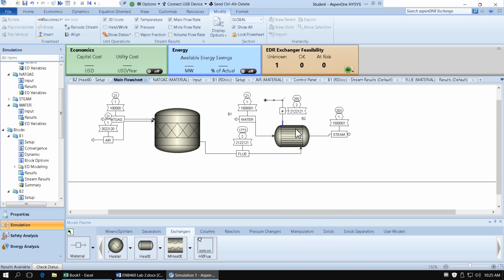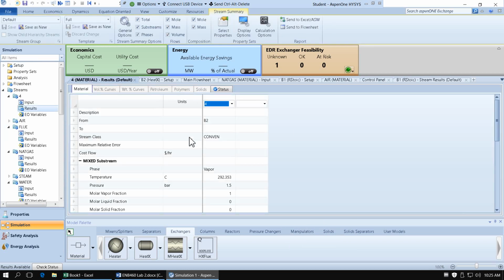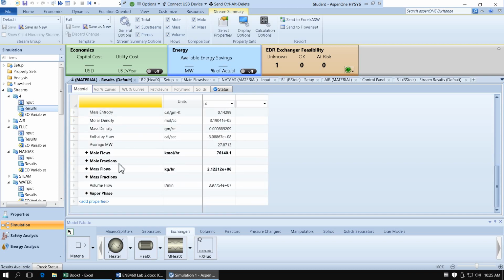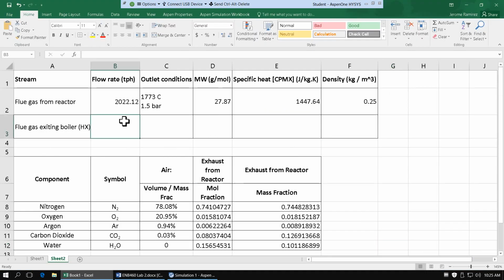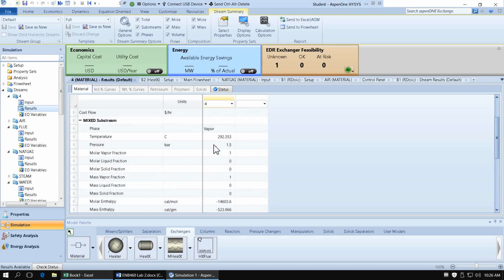So again, results. And we can get the flow rate again for that in tons per hour. And then our outlet conditions. So it's 292.353 and 1.5 bar.